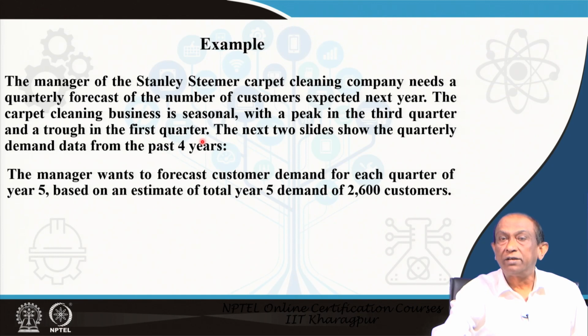The next 2 slides show the quarterly demand data from the past 4 years. The manager wants to forecast the customer demand for each quarter of year 5 based on an estimate of total year 5 demand of 2600 customers.